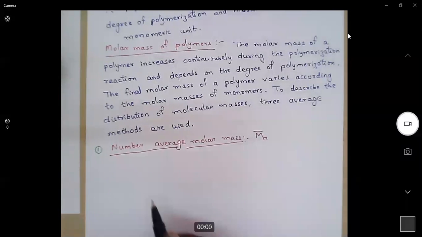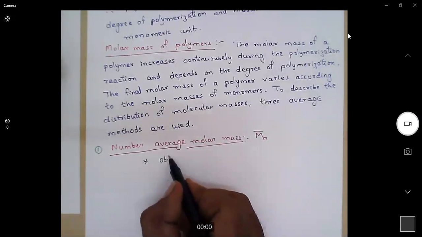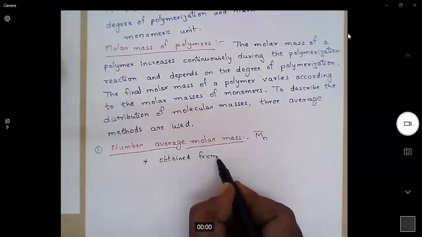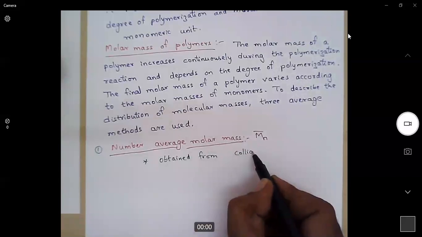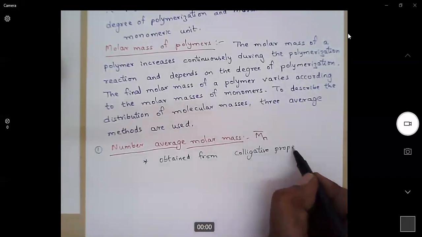Generally, this number average molecular weight is obtained from colligative properties of solutions.